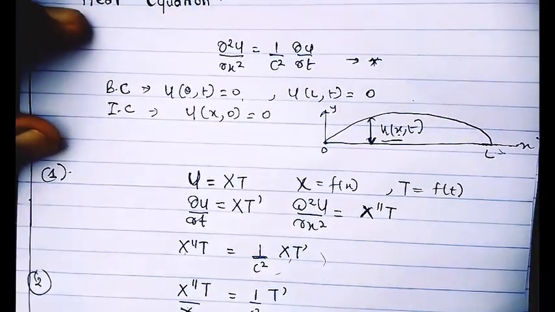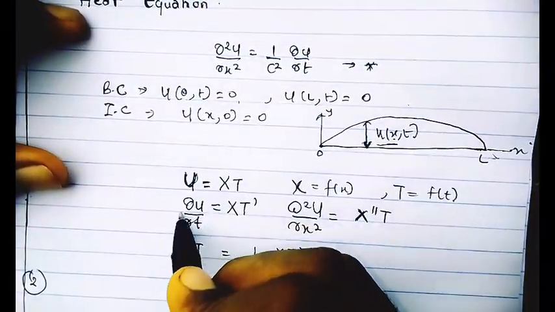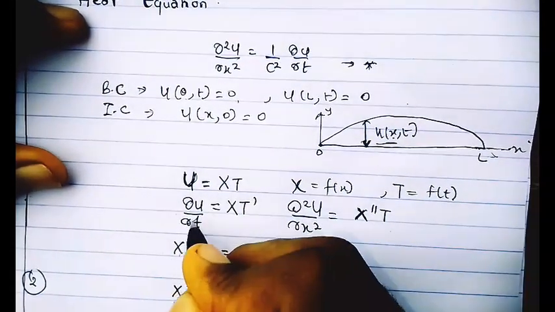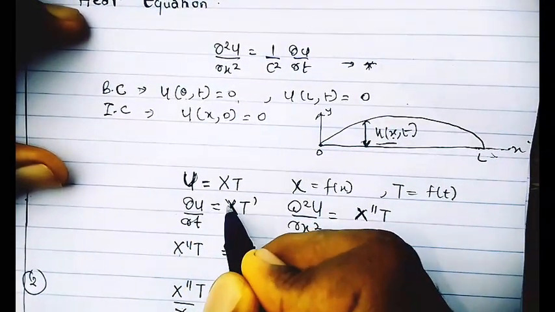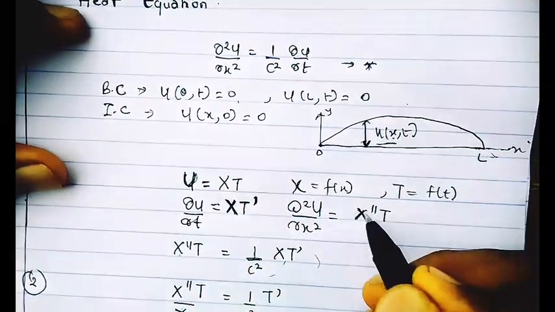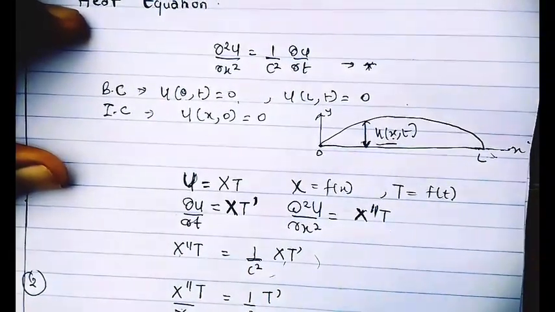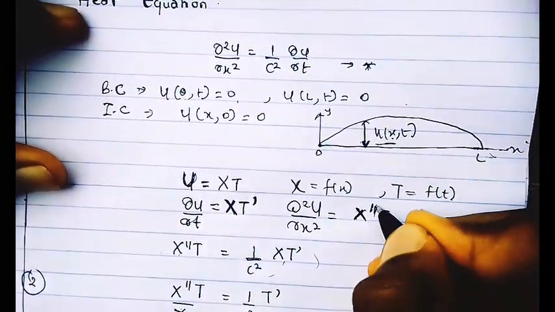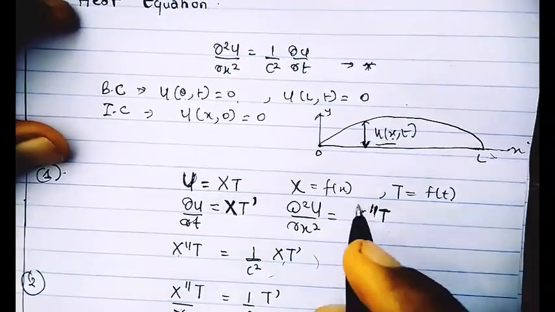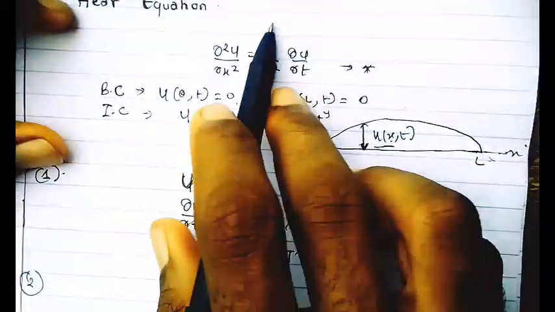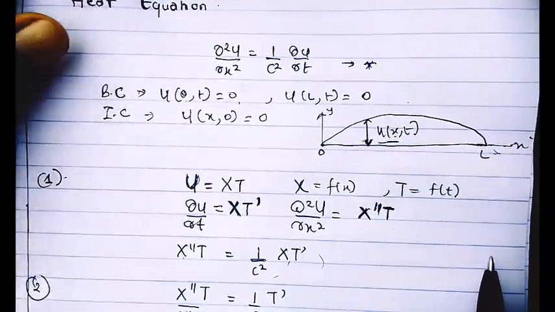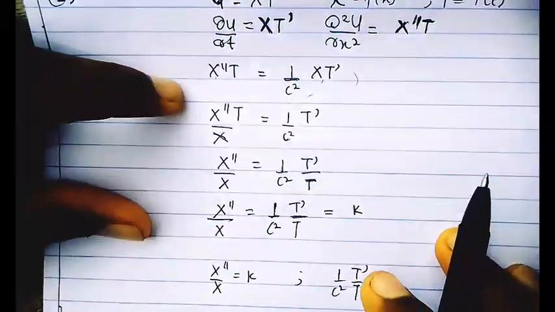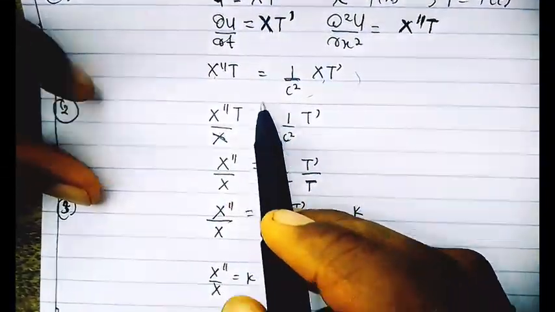The first step we did was differentiating u with respect to x and with respect to t. So we differentiated u with respect to x, we had this, and differentiated u with respect to x 2 times, we had this. Then we substituted this into the general form of the heat equation, and I arrived at this.